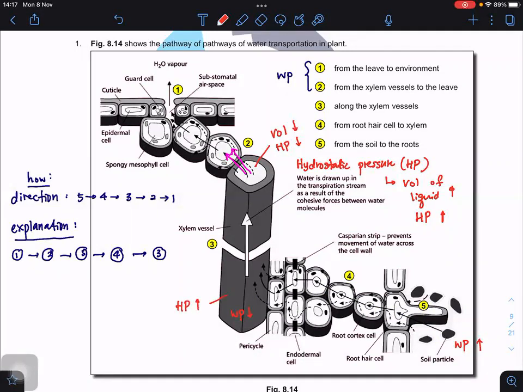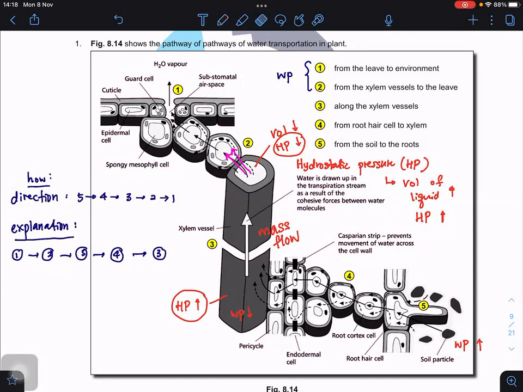Correct or not? Because of accumulation of the water. So when hydrostatic pressure is high here and low there, it creates the hydrostatic pressure gradient. Are you clear? So these hydrostatic pressure gradients cause the water molecules to move up the column by the process known as mass flow. Okay, so this is the summary for the entire process.